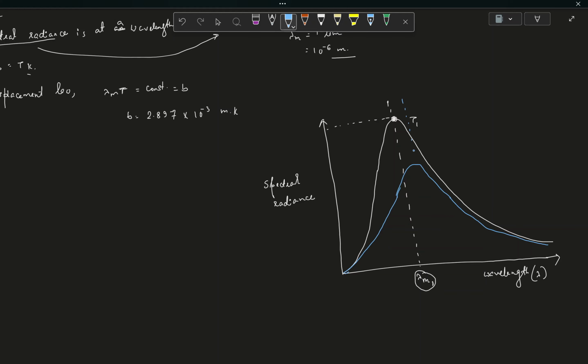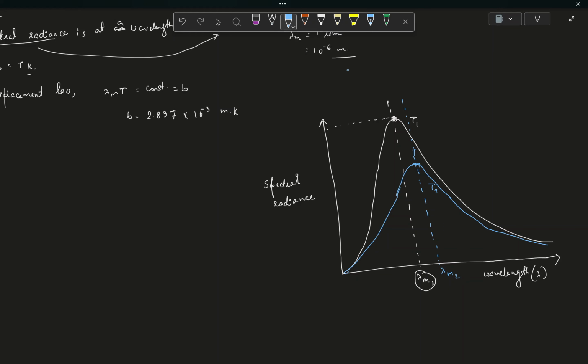If we draw another peak and a line from the peak position, it cuts at the wavelength of lambda m2, let's say, and this is for a temperature of T2.